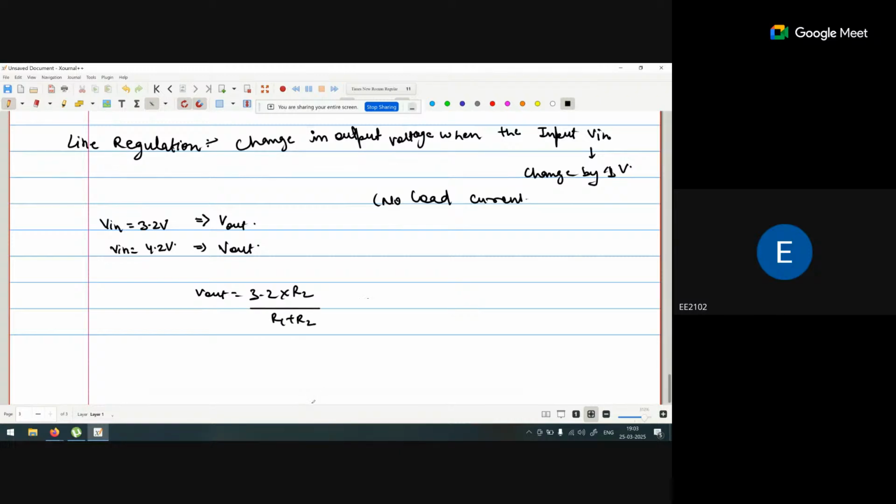Okay, and in the second case, 4.2 volts, we have 4.2 into R2. The difference between these two is called the line regulation.